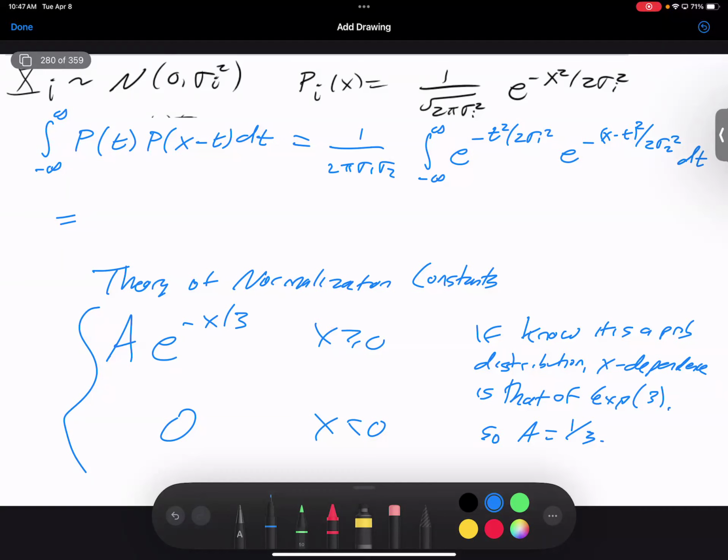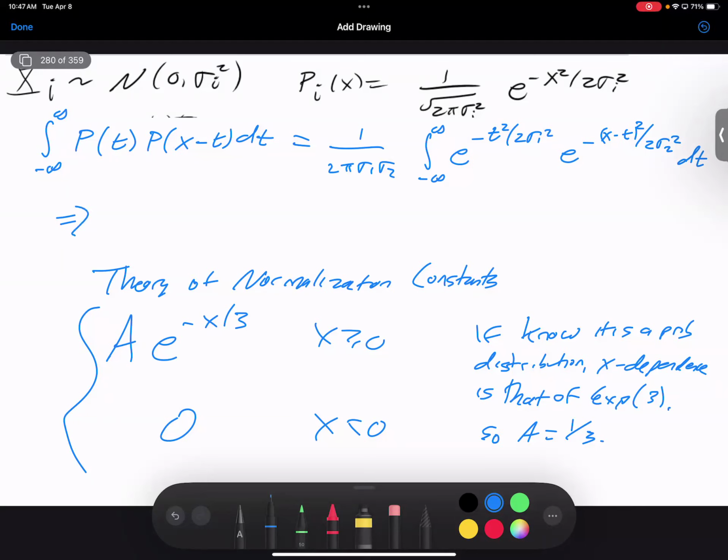And if it's going to be a Gaussian, since they both have mean 0, what would the mean have to be? So they both have mean 0. What's the only possible mean that the sum could have? 0. What's the only possible variance it could have if the variances are sigma 1 squared and sigma 2 squared? The sum.